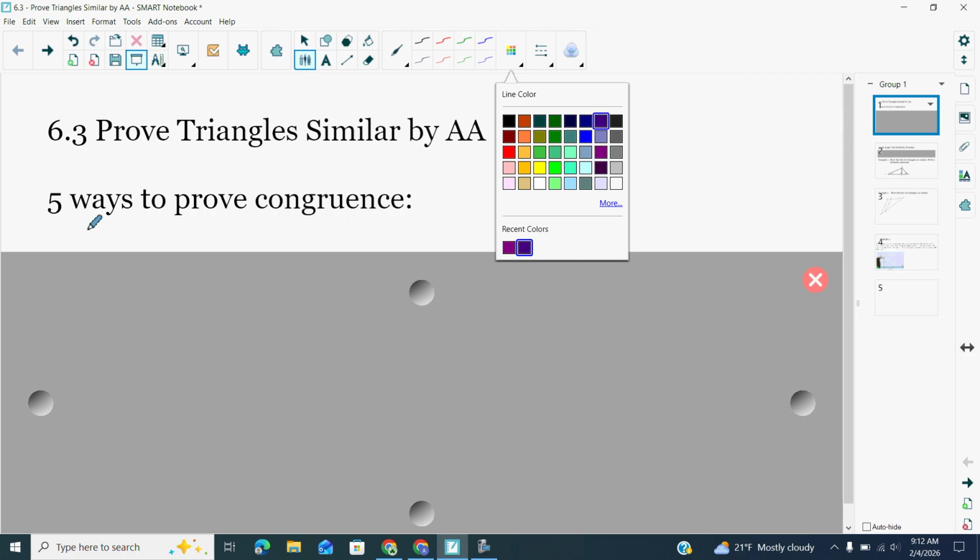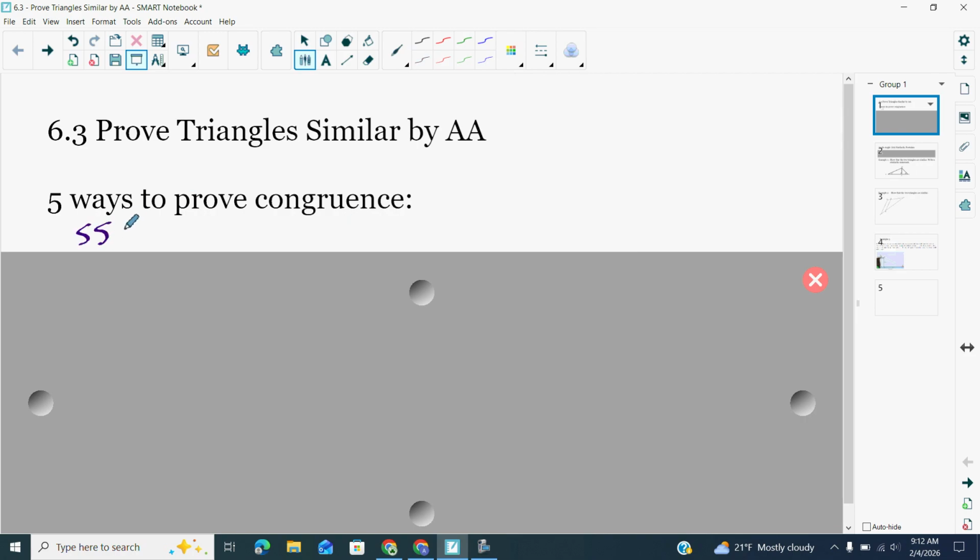We have side, side, side. Side, side, side will prove that two triangles are congruent if we show that we have three sets of corresponding sides. We had side, angle, side: two sets of congruent sides and a congruent angle in between the congruent sides.